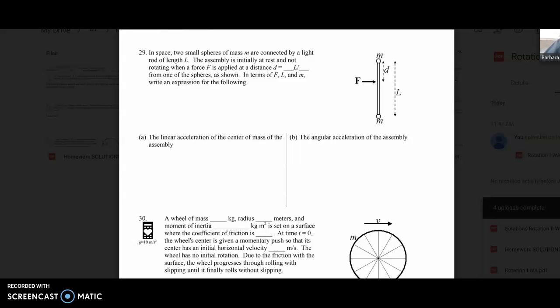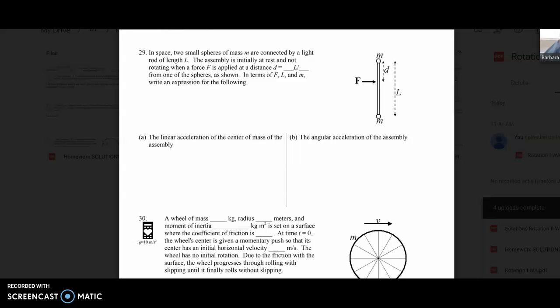29, two small spheres, light rod. That means I don't consider the mass of the rod. A force is applied at a distance D equals something times L from one of the spheres. I wish I could see numbers.